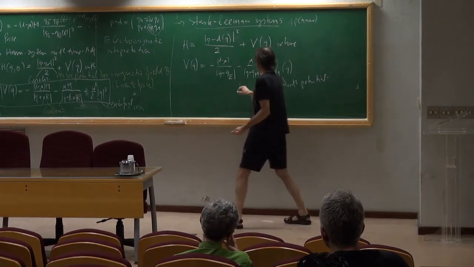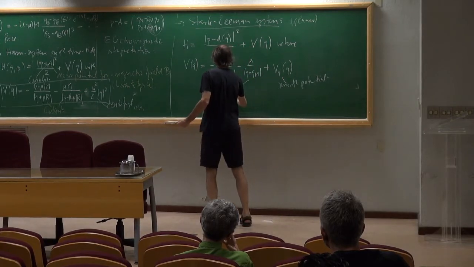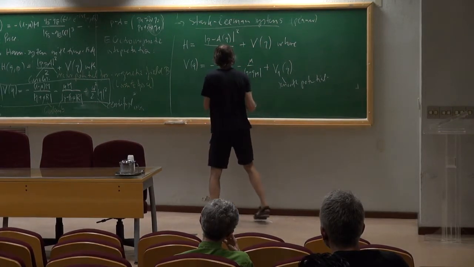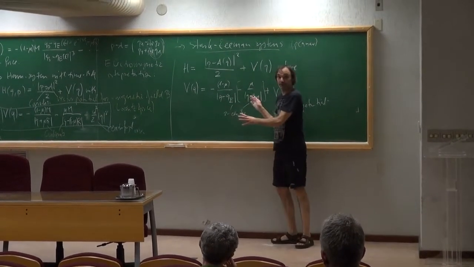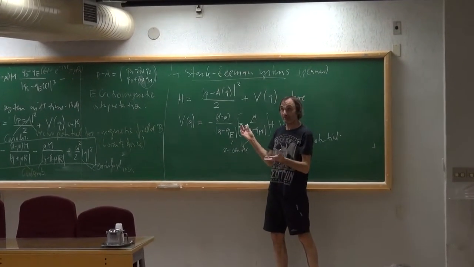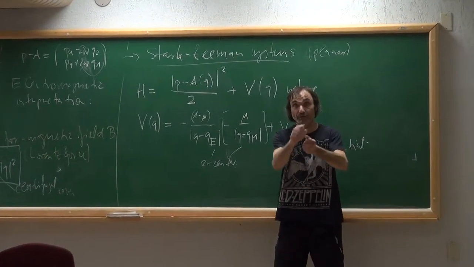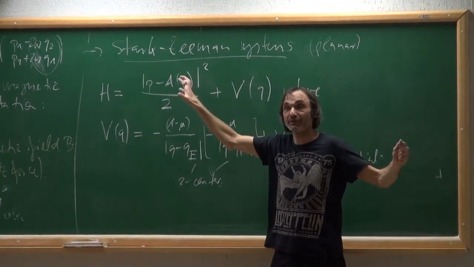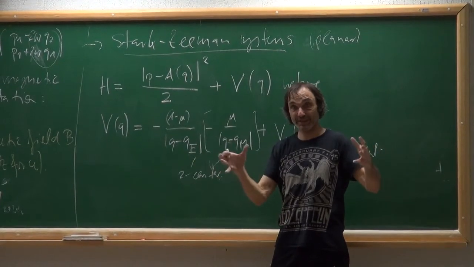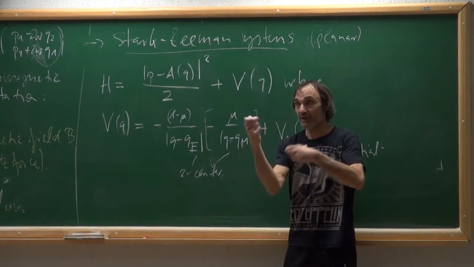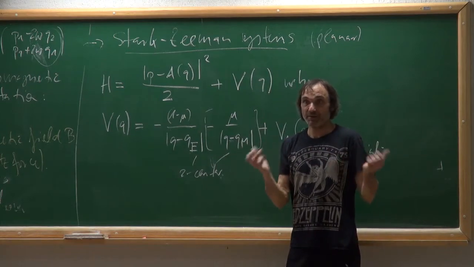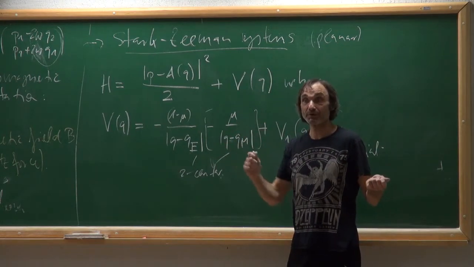So this would be a two-center system. You can also restrict to the case when you drop one of those terms. If you look at the motion which is near one of them, the other one is far out, where the motion is never taking place. So you can put the other one into the smooth potential and just study a one-center Stark-Zeeman system, and this is what I will mostly do tomorrow.